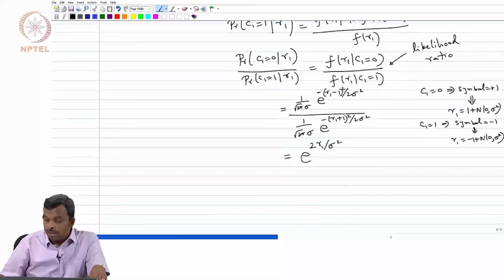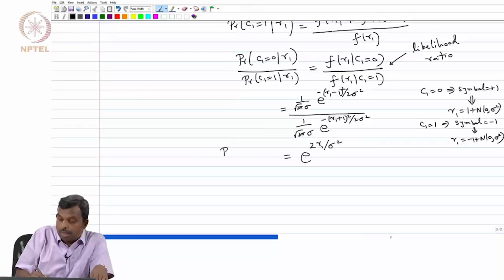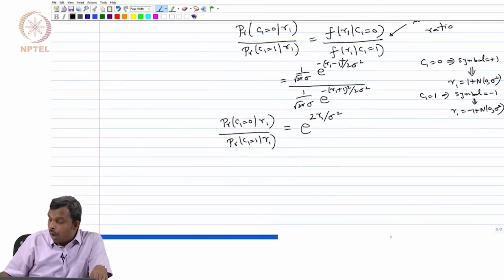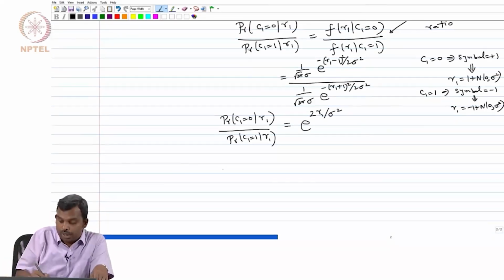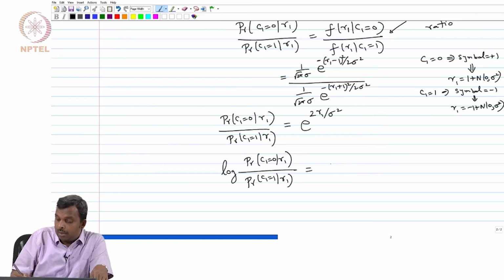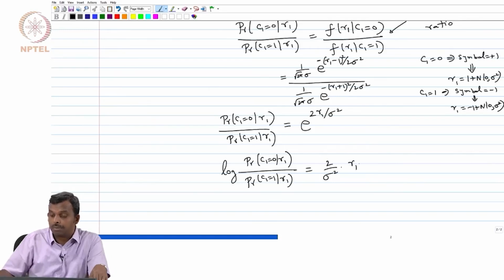So this is the likelihood ratio, probability of C1 equals 0 given R1 divided by probability of C1 equals 1 given R1. The log of this is called the log likelihood ratio. And that you can see will work out as 2 by sigma squared times R1.